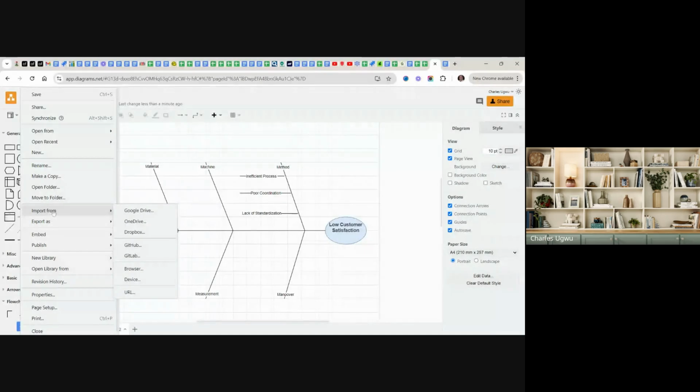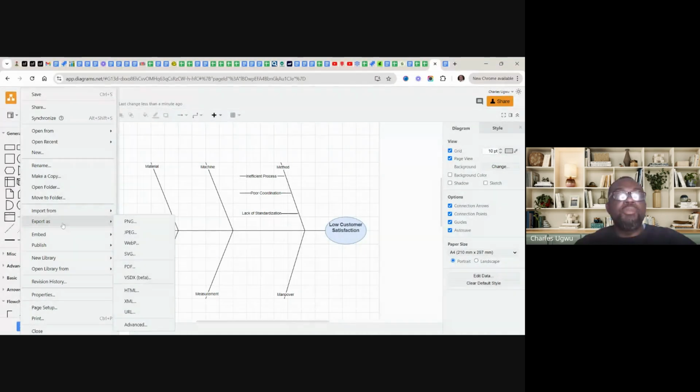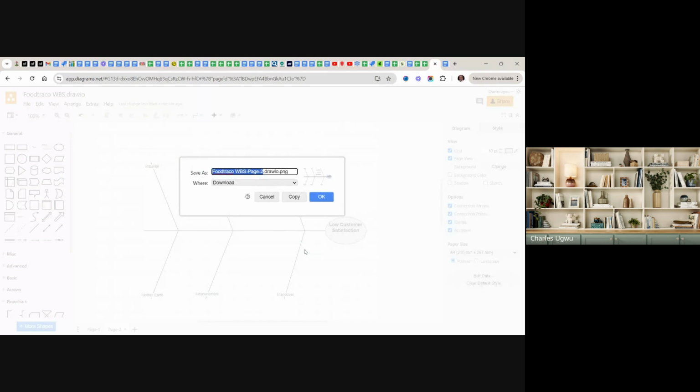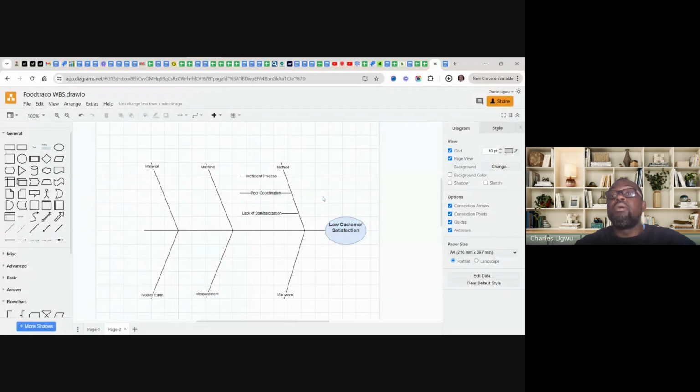And I will go down here to export this, go to export PNG, export, and download here.